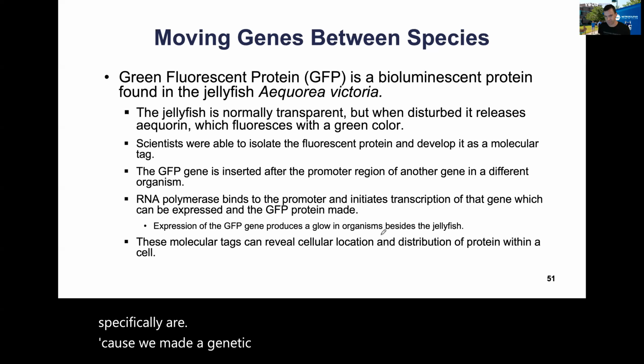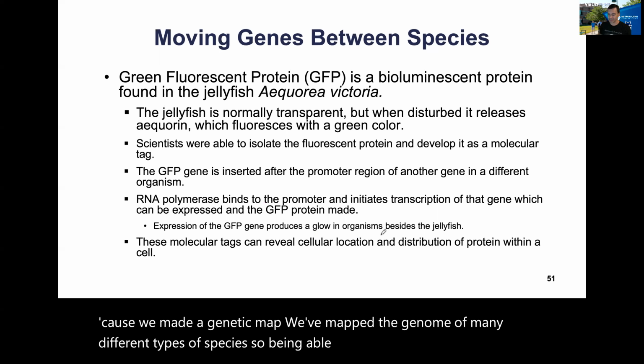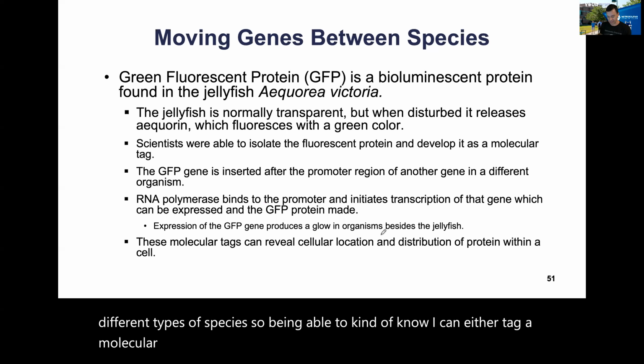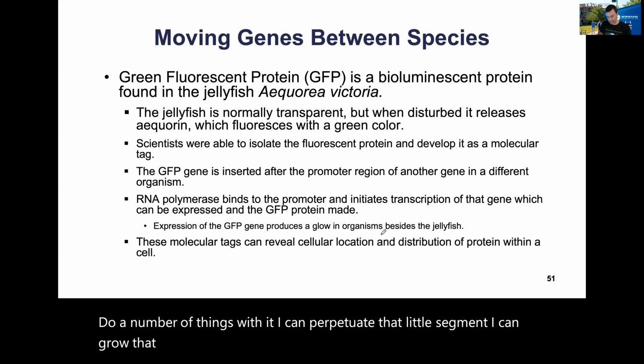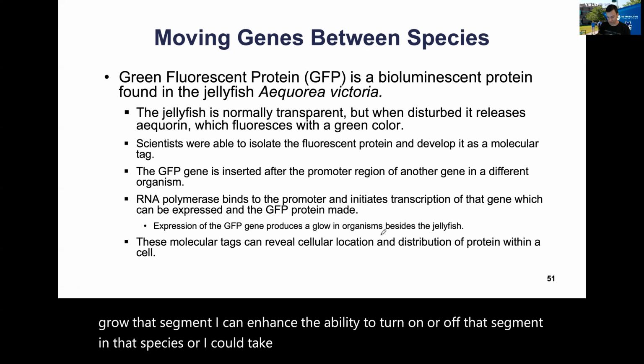We've mapped the genome of many different types of species. So being able to tag a molecular sequence, I can do a number of things with it. I can perpetuate that segment, I can grow that segment, I can enhance the ability to turn it on or off in that species, or I could take it and put it into another species.